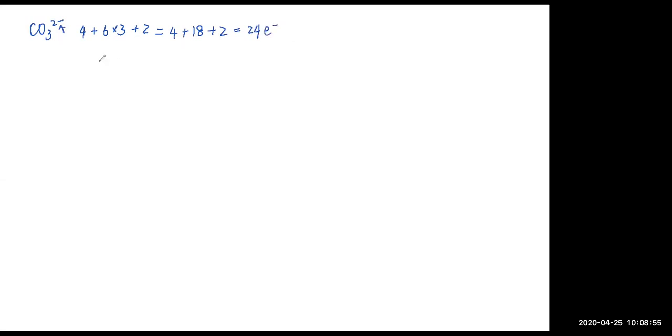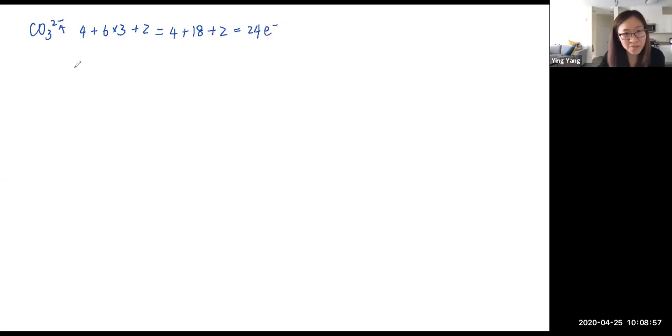Now, carbon is the central atom in this case, and then we draw the oxygens.